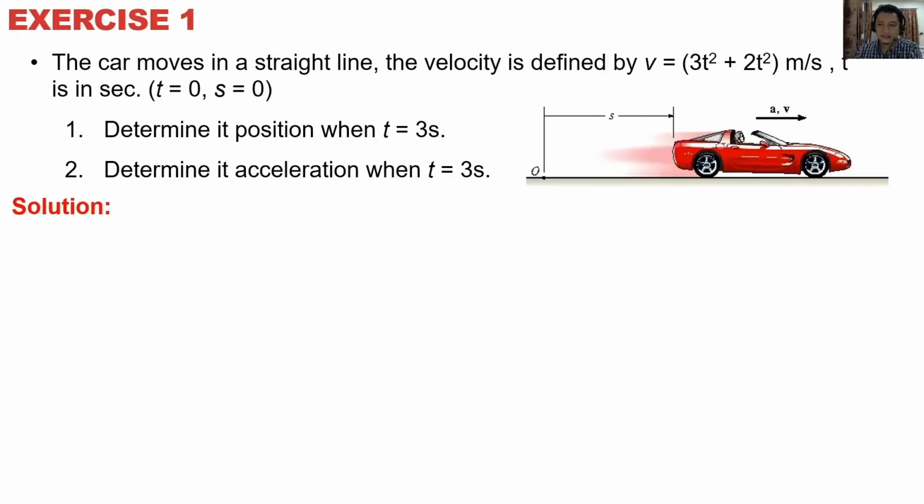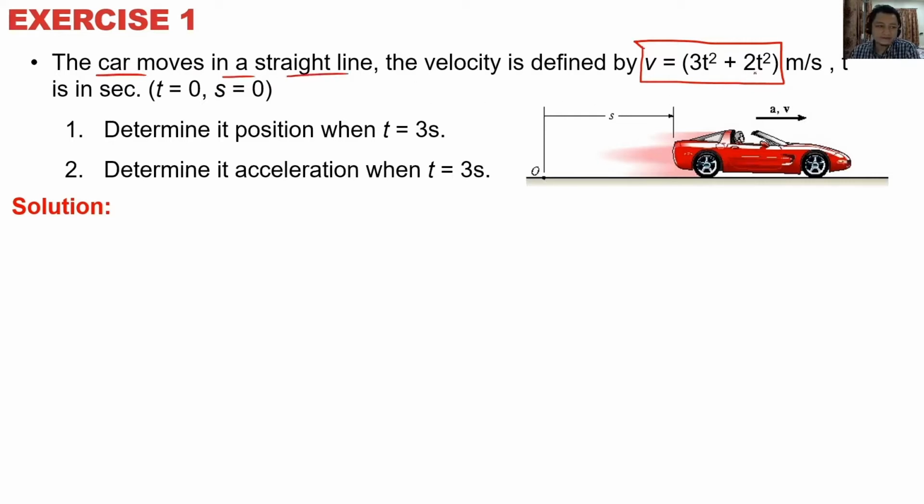So now it's time for you to do some exercise. So this is the data that you get. This is important. This is the mathematical expression. So this car moves in a straight line.